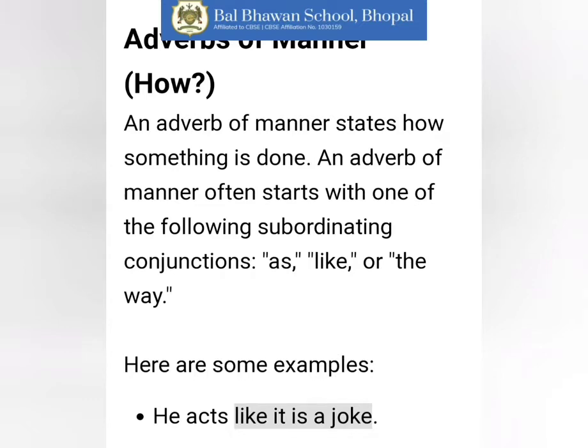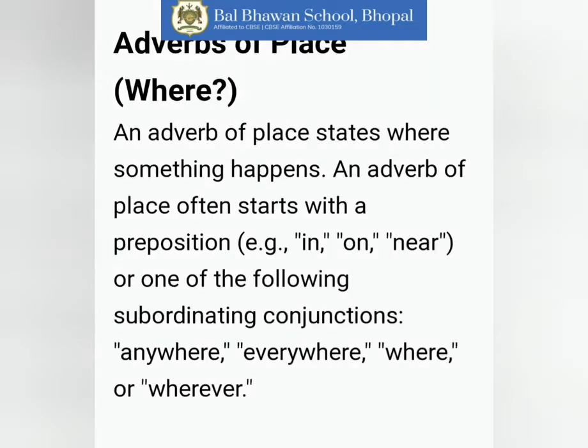Adverb clause of place. An adverb clause of place states where something happens. It starts with a subordinating conjunction such as where, wherever, anywhere, everywhere, etc. For example, people welcomed the president wherever he went.